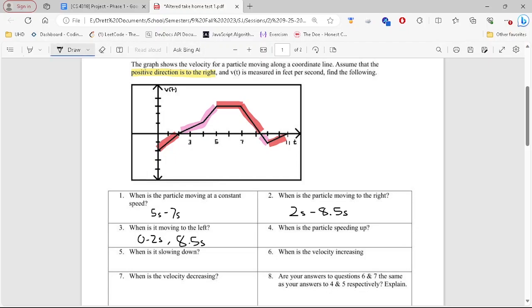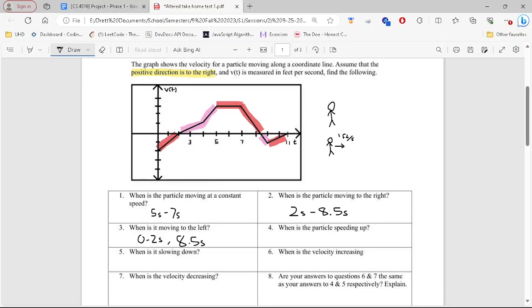Okay, so now why does this part right here qualify as speeding up? All right, so let's imagine it again. You're standing still right here, which is right here at 2 seconds. You are standing still, and at 4 seconds, you have a velocity of 1 feet per second.